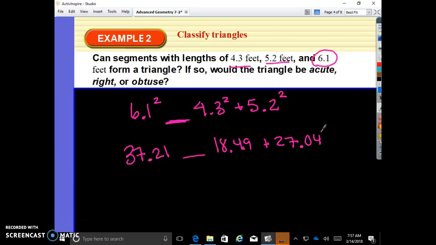Plus 18.49, we get 45.53 versus 37.21. My alligator eats what's greater. So my alligator's going to eat the 45. The alligator wants $45 versus $37.